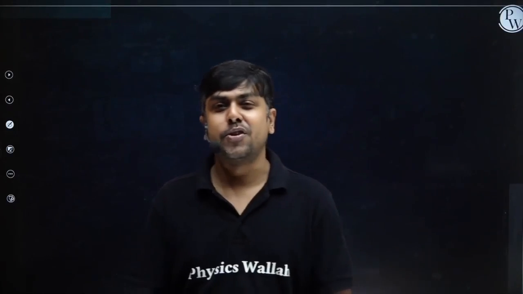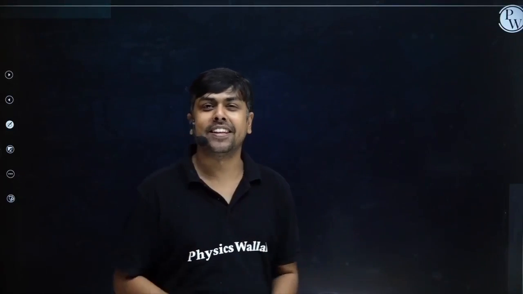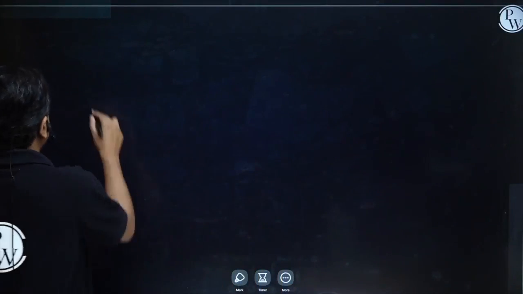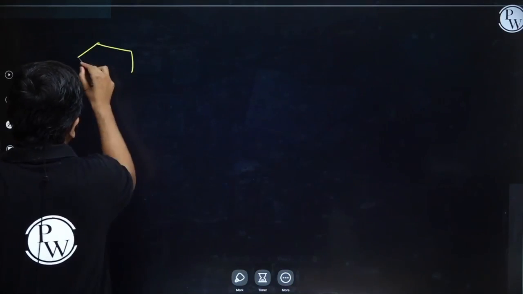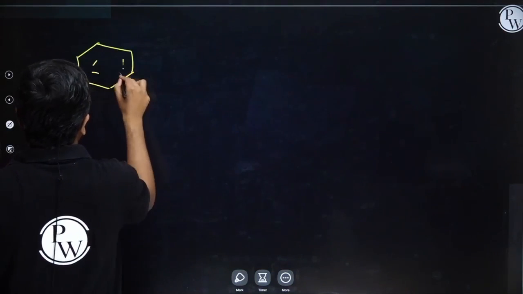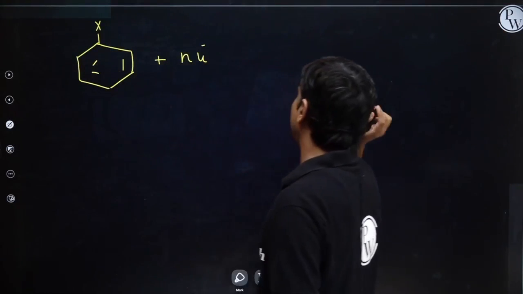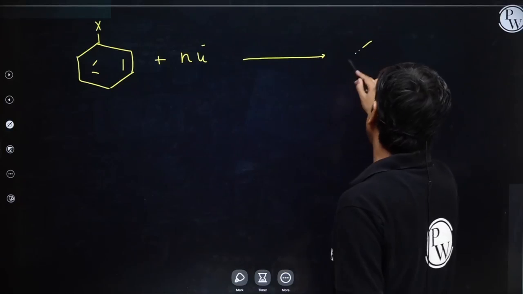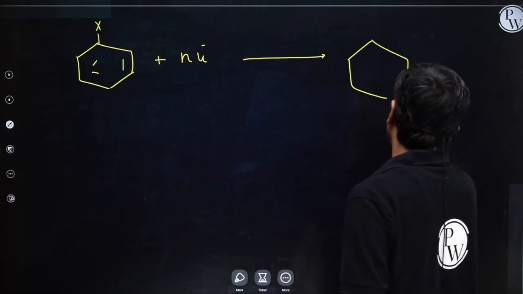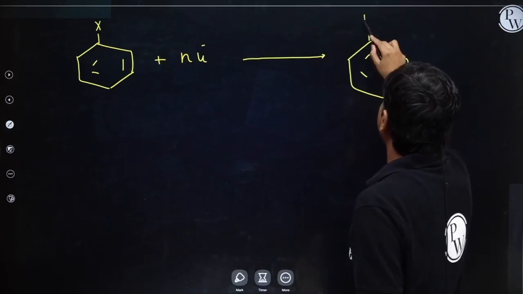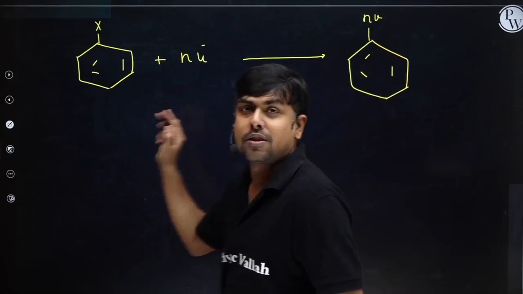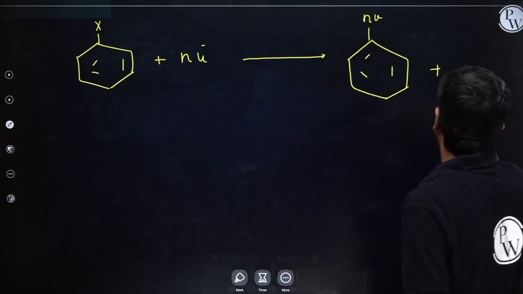Now let's discuss the nucleophilic substitution reaction of halobenzene. Let's see how this reaction occurs. I'm having halobenzene. This halobenzene is treated with a nucleophile. This nucleophile will do a substitution reaction. This halogen will get eliminated and I will have Nu substituted to this benzene plus X minus.